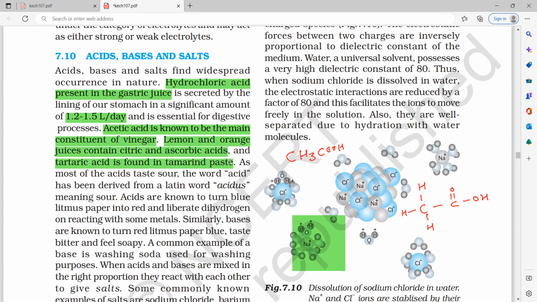As most of the acids taste sour, generally acids taste sour. The word acid has been derived from a Latin word acidus, meaning sour. Maximum words are derived from Latin or Greek, I guess.